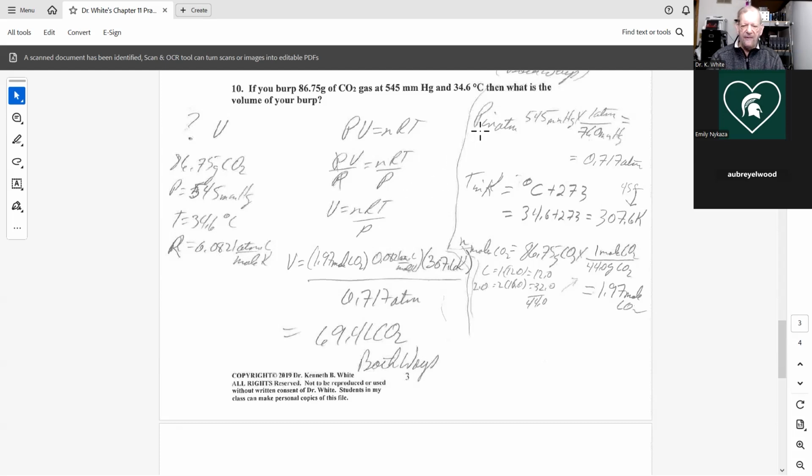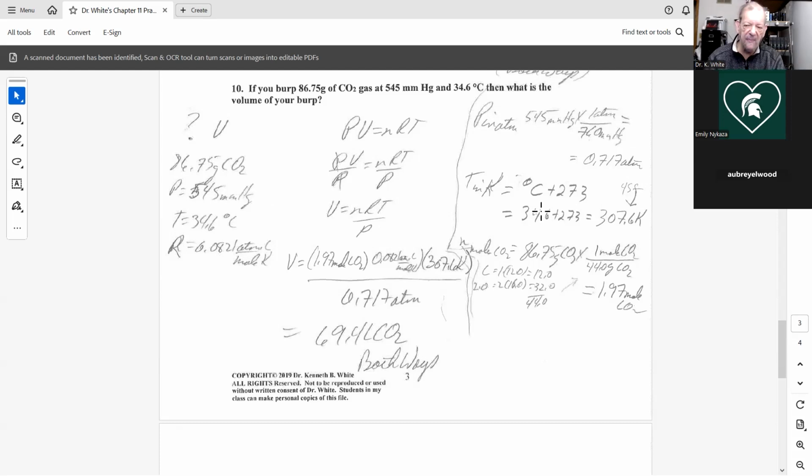Now, pressure has to be in atmospheres. Oh, no, he gave it to us in millimeters of mercury. So we have millimeters of mercury. We want to get atmospheres. It's time to use your good buddy, your good friend, unit analysis. You can convert it in one step. What goes on top of the ratio? Atmospheres, the units we're trying to get to. What goes underneath? Millimeters of mercury.